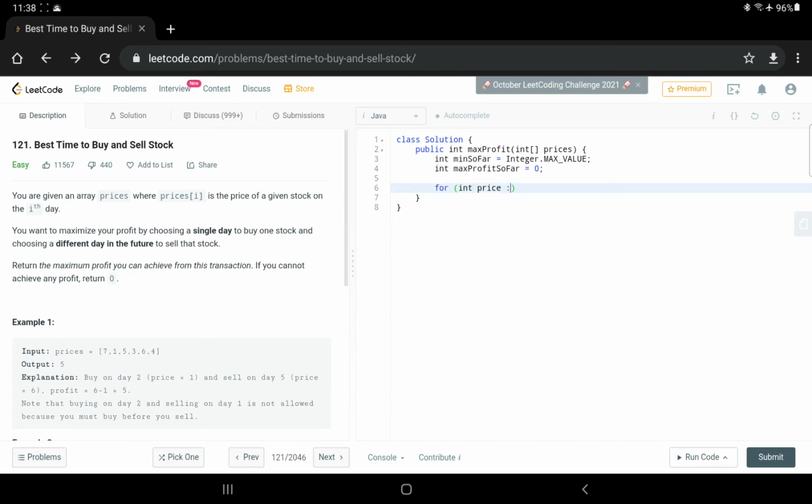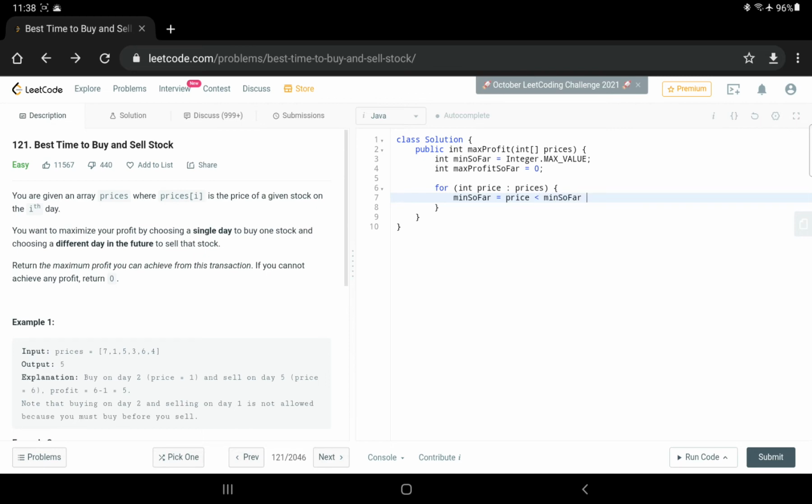So for each price in the prices, let's update the min so far and the max profit so far. What is the min so far? We said that the min so far compares the current price that we have to the actual min so far.